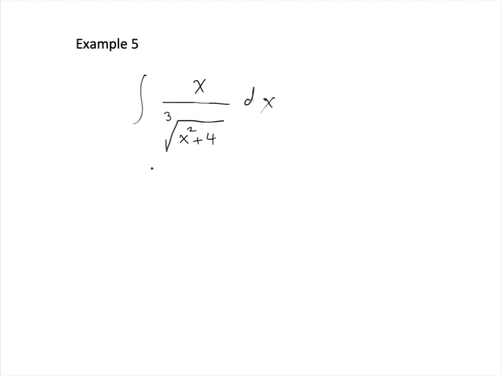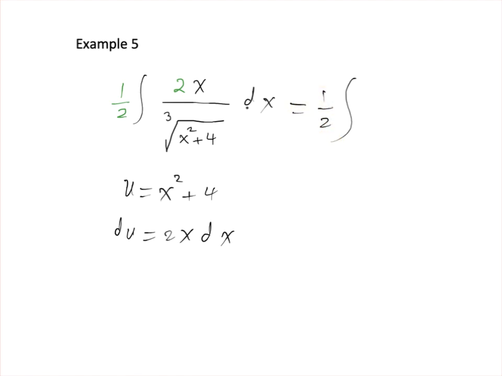In this example, I'm going to let u be x squared plus 4. Then du would be 2x dx. And here I don't have a 2x dx, but I have x dx, so I need a 2 here. Therefore, I have to multiply the whole thing by half. So now this becomes 1/2.